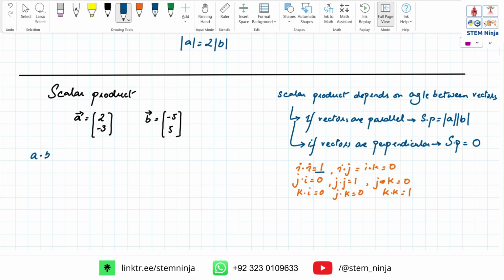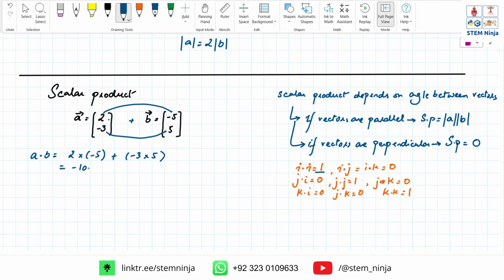So a dot b, how do we do this in this column vector form? We just simply multiply component by component and then just add the results. So 2 times minus 5 plus minus 3 times 5.